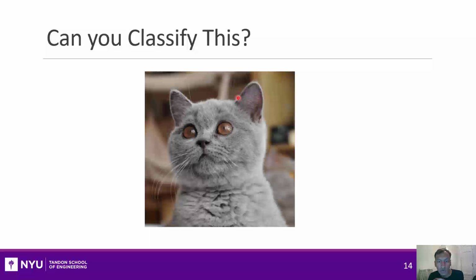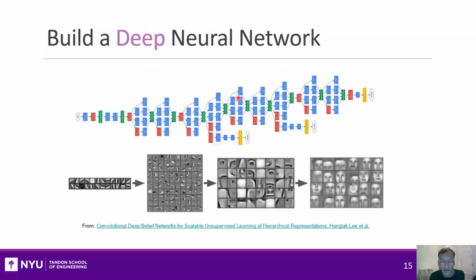But what do I do if I have an even more complicated problem? Like I want to detect from an image if it's a cat. This is not an obviously simple 2-dimensional case like I just showed you before. The idea here then is to build a very deep neural network. A network with many, many layers that take the image at the beginning and build one layer at a time.